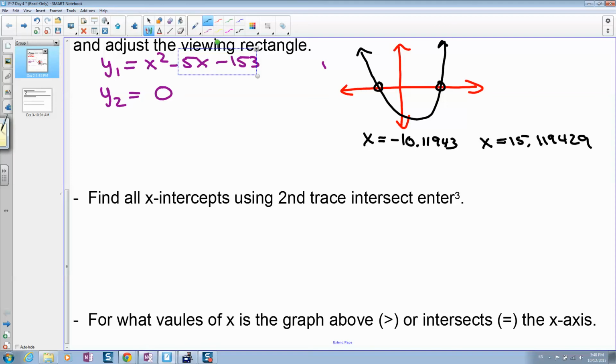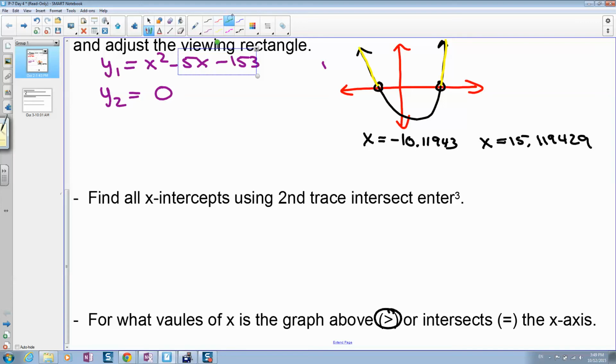Then remember, if it's greater than, then you're going to go above the line, which means that is the interval that you're looking for, where it's above y equals 0.